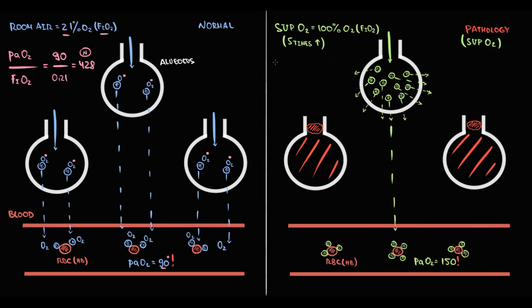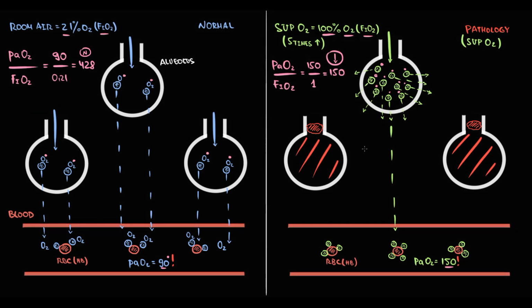Where this ratio is really useful is in cases where inspired air is different. So in case of supplemental oxygen, partial pressure of oxygen is 150, and fraction of inspired oxygen is 100. If we divide them, we get 150, which is below 300, so it's a pathology.